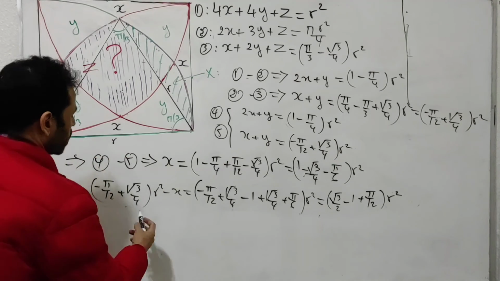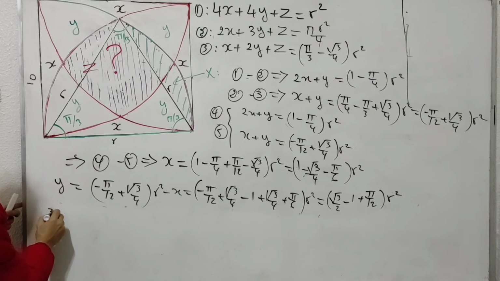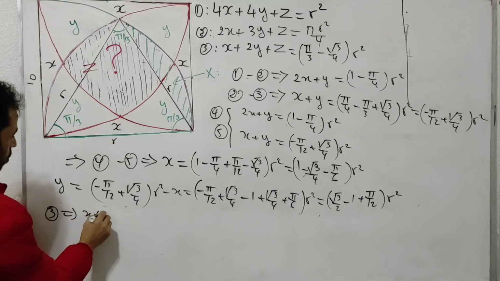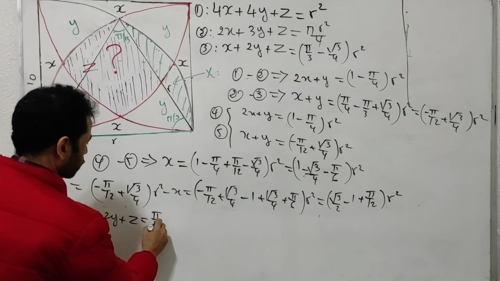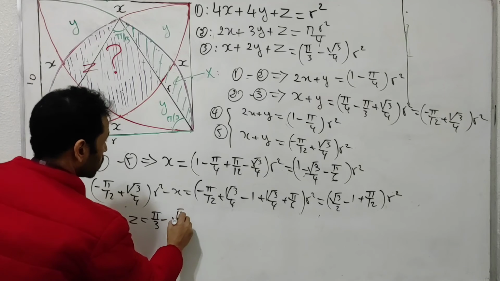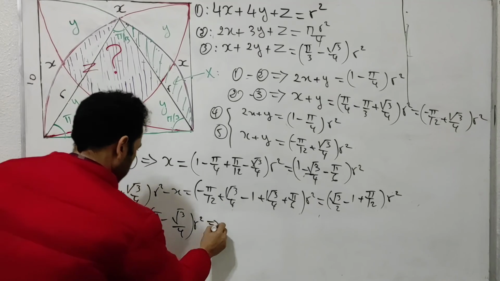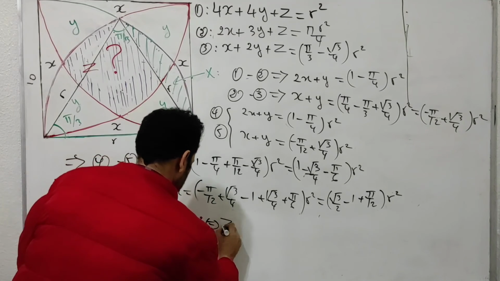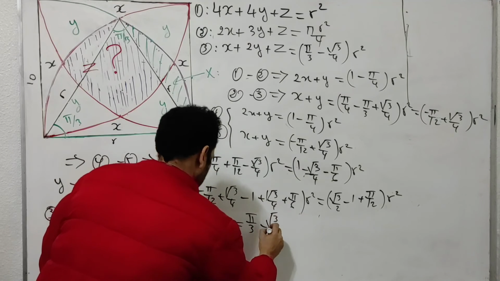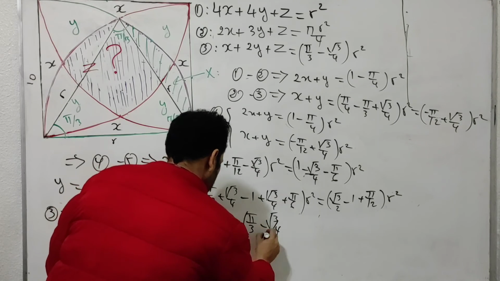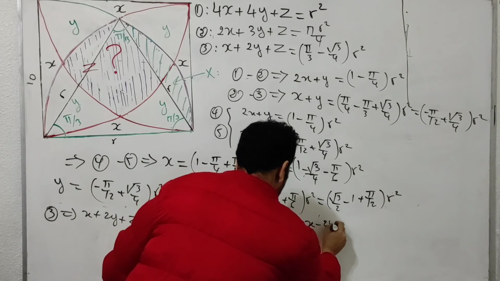Okay, by replacing x and y into the third equation, I will get x plus 2y plus z equal to pi over 3 minus square root of 3 over 4 is multiplied by r squared. Equivalently, z equals pi over 3 minus square root of 3 over 4 is multiplied by r squared minus x minus 2y.